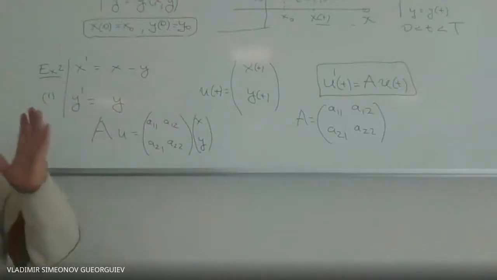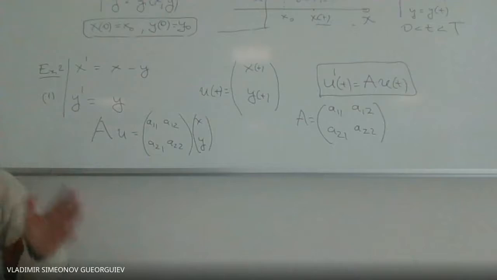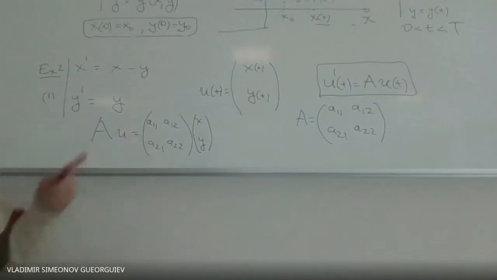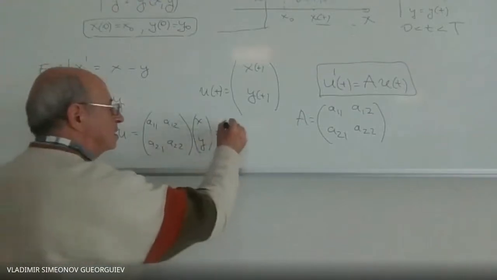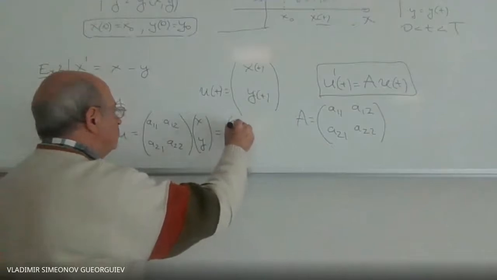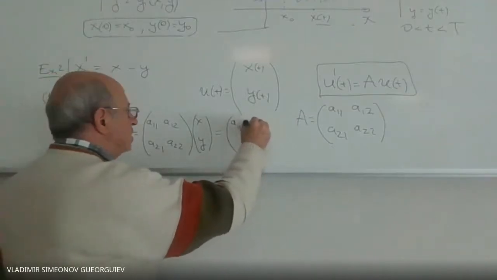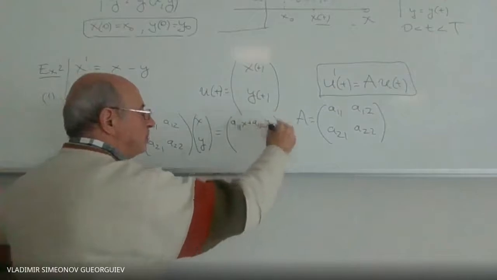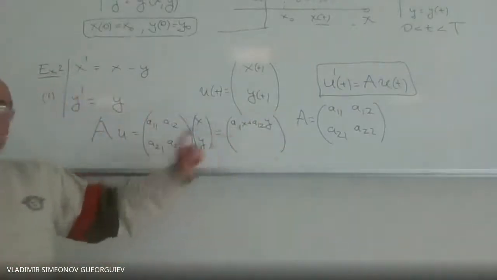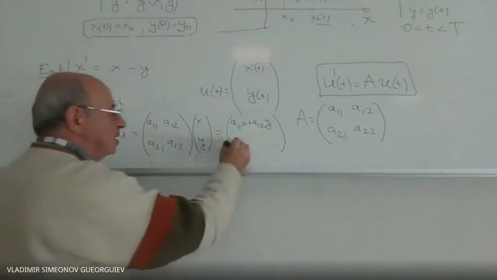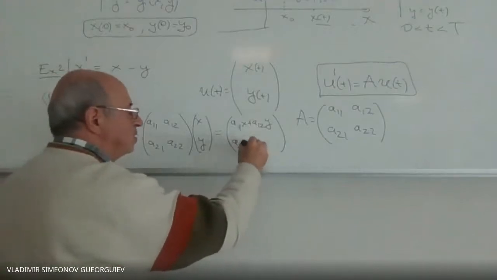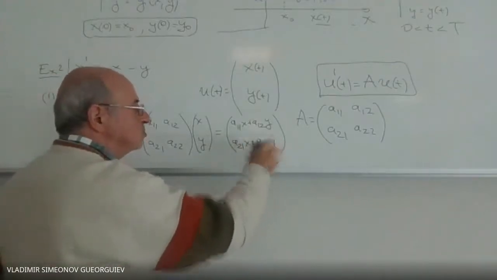Remember that we had a part devoted to 2 by 2 matrices. So now we connect different pieces of our math tools to see how simply we can solve this equation. The first component is A11 x plus A12 epsilon. The second component is A21 x plus A22 epsilon.